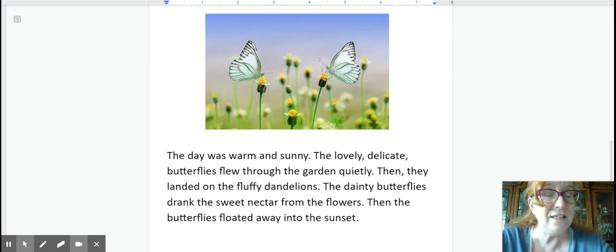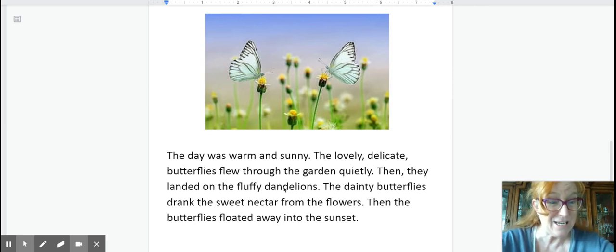The lovely, delicate butterflies flew through the garden quietly, because I know that butterflies don't make a lot of noise. So I want to include that in my details. Then they landed on the fluffy dandelions. I do think dandelions are fluffy.